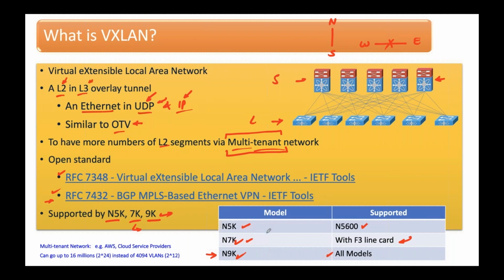There is a slight difference when it comes to configuration, which I will be telling you during the course of our lab and configuration understanding. The difference is in configuring VXLAN on Nexus 7K, because Nexus 7K command syntax is slightly different as compared to 5K and 9K. 5K and 9K configuration has the same command syntax, no difference. All right.